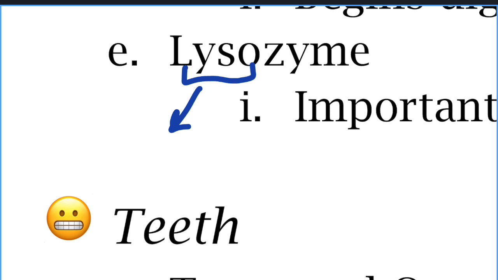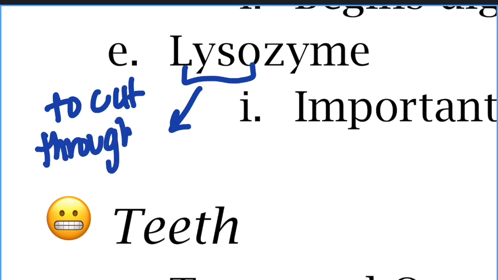So Lysol wipes cut through bacteria. That name of that company is derived from this prefix, which means to cut through. And what are we cutting through when we're trying to clean up a mess? We're trying to cut through the bacteria and the viruses to make sure we're clean.